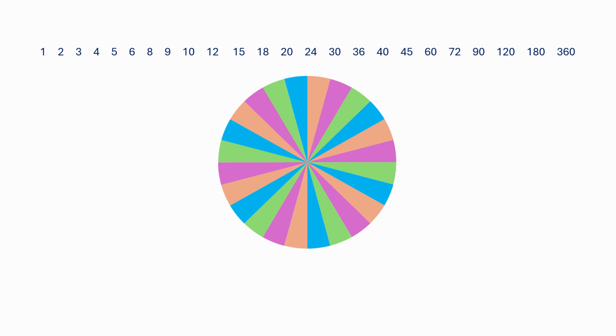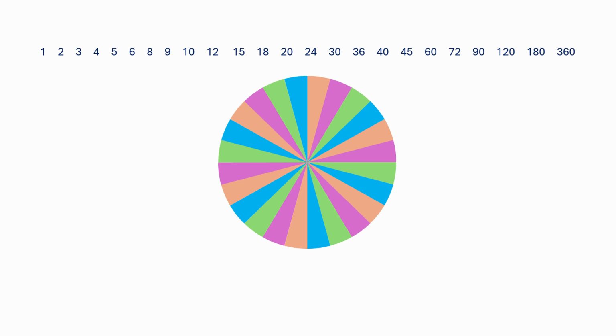In fact, 360 has 24 different whole number divisors. That's more than any other positive integer up to its own value. We say that 360 is a highly composite number, which makes it particularly good for calculations involving circles. At least it did thousands of years ago.